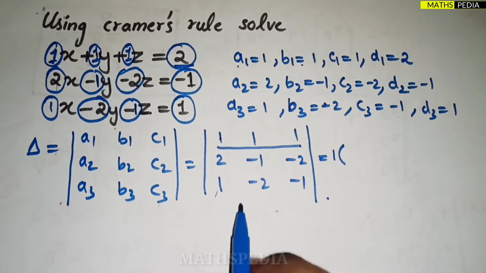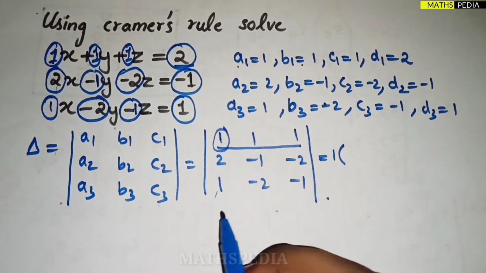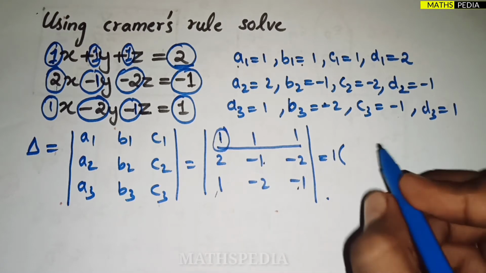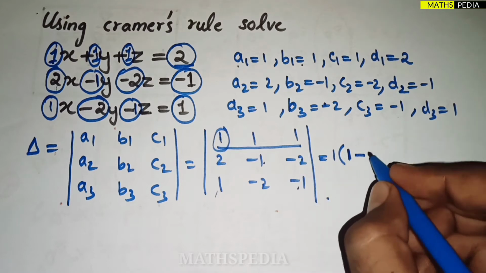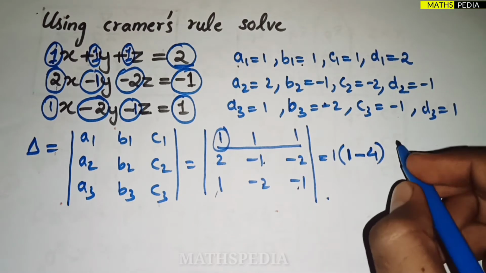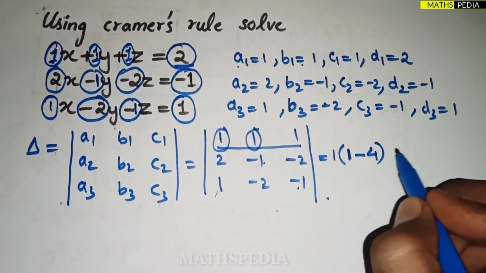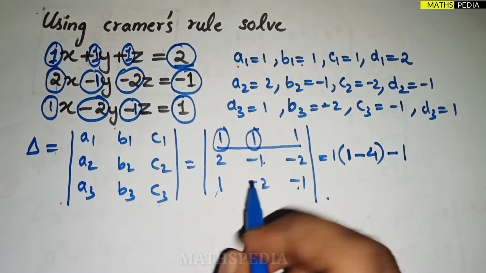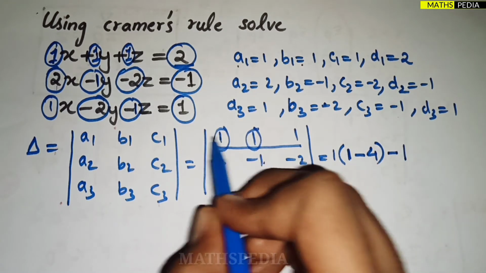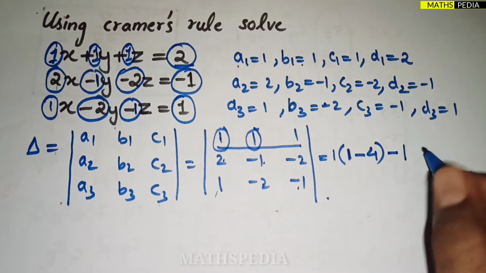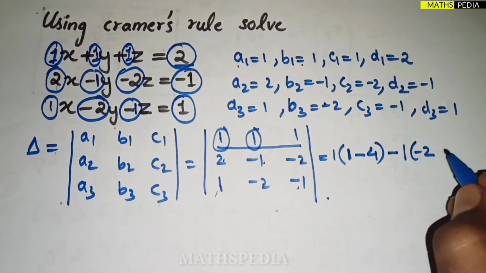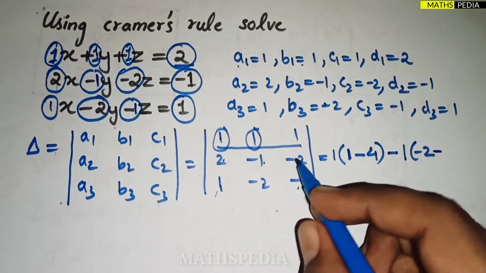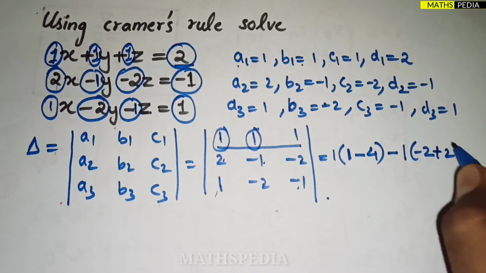Minus 1 into minus 1 plus 1, minus 2 into minus 2 plus 4, so 1 minus 4. Again the second element, so I have to put minus. Leaving this column and row, 2 into minus 1 is minus 2, 1 into minus 2, you have to put minus first, again minus 2, so plus 2.